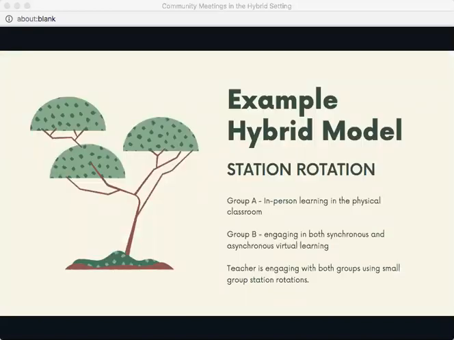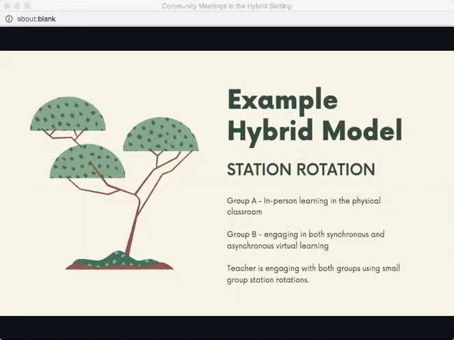So there are so many hybrid models and schedules available. For this specific session, we're going to be speaking to a station rotation hybrid model. Now, this may not be the model that your school decides to adopt, but please know that community meetings can work in any hybrid plan with some basic tweaks and modifications.